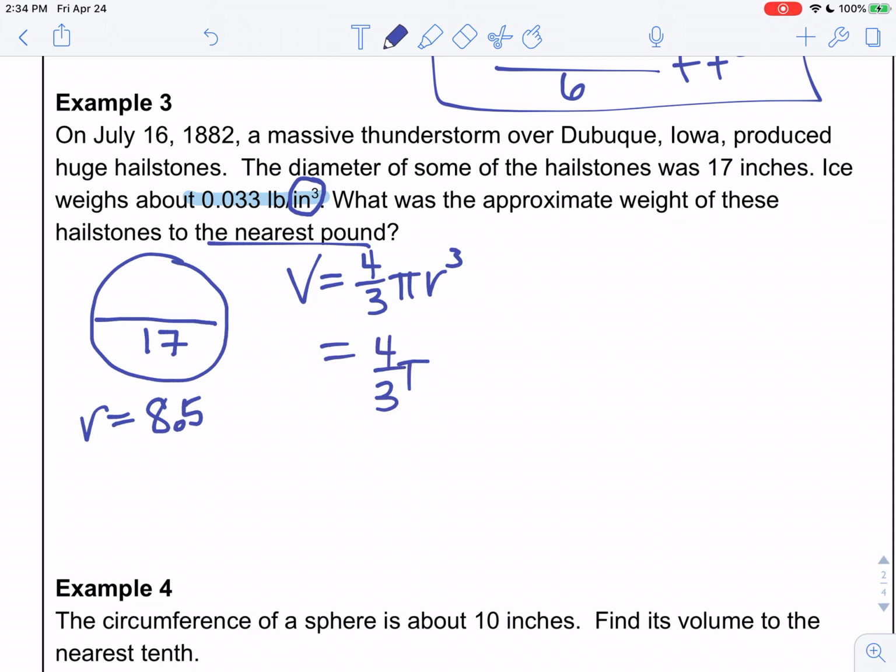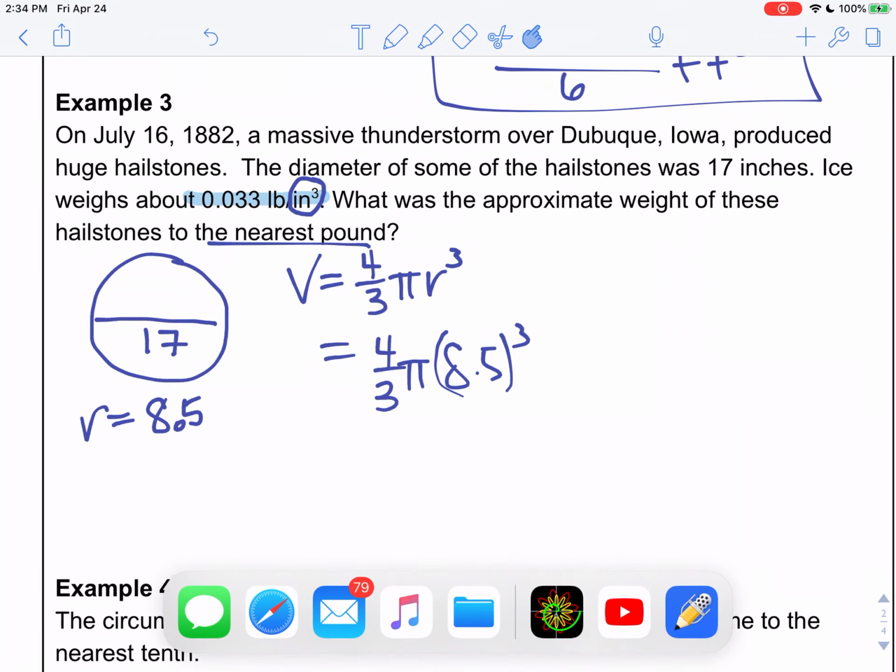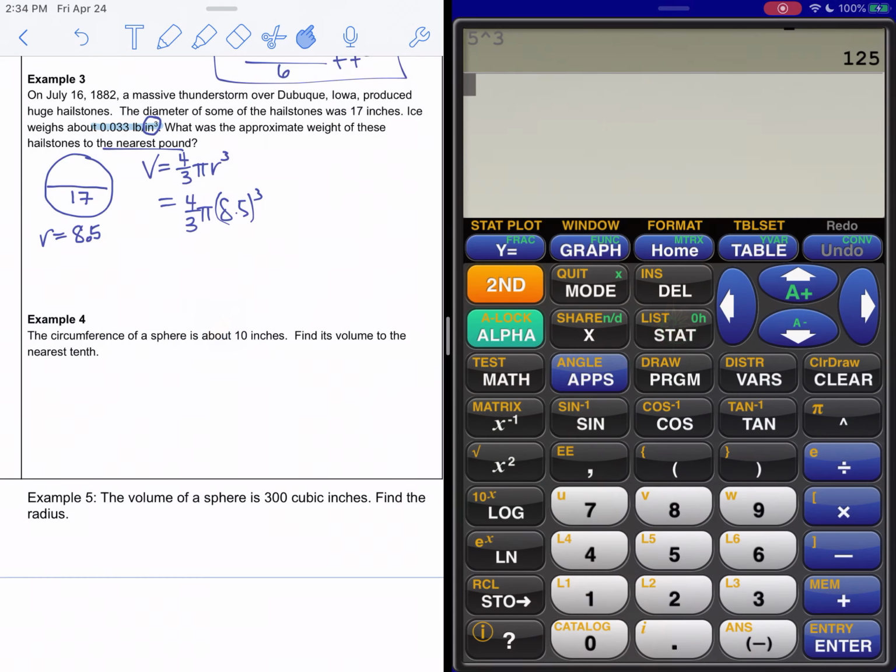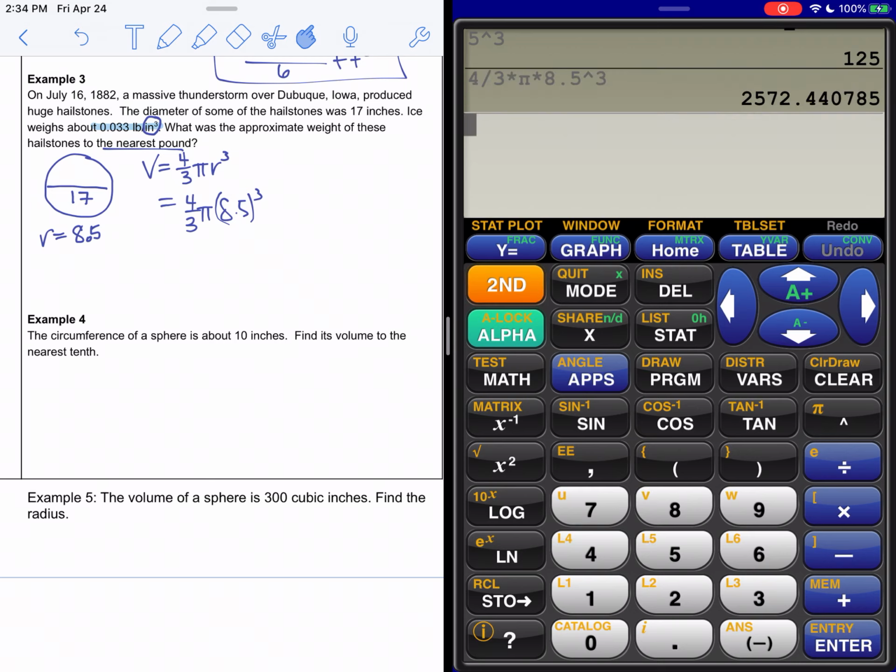So if I plug in my calculator, I'm going to hit 4/3 times pi times 8.5 to the power of 3. And I get 2,572.44, and I'm dealing with cubic inches.